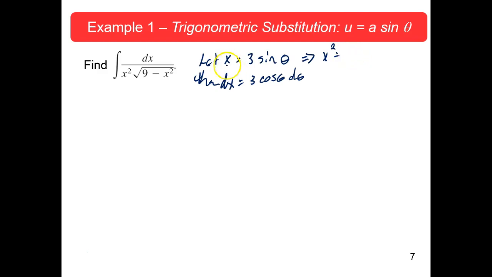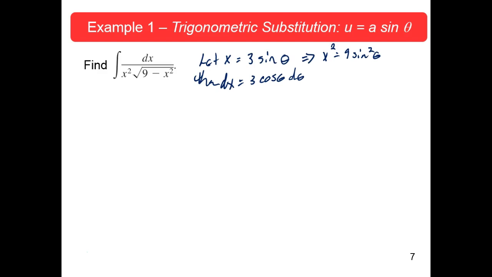Okay, you squared the x, so square what's over here. What would give you 9 sine squared theta? Perfect.